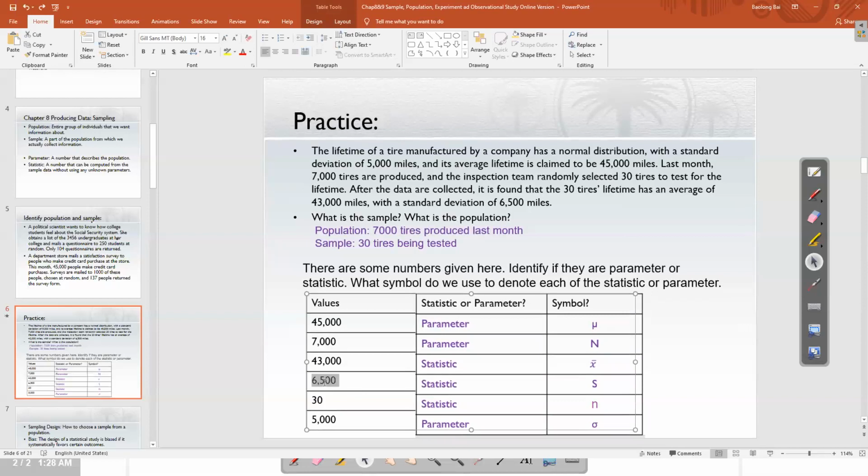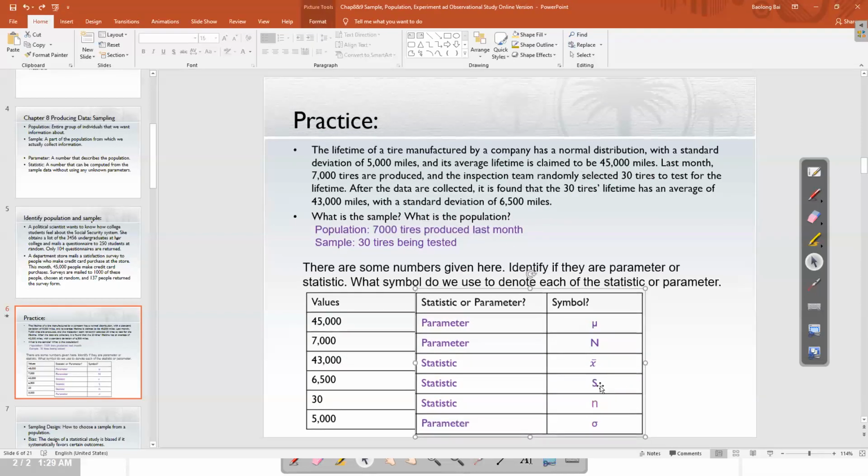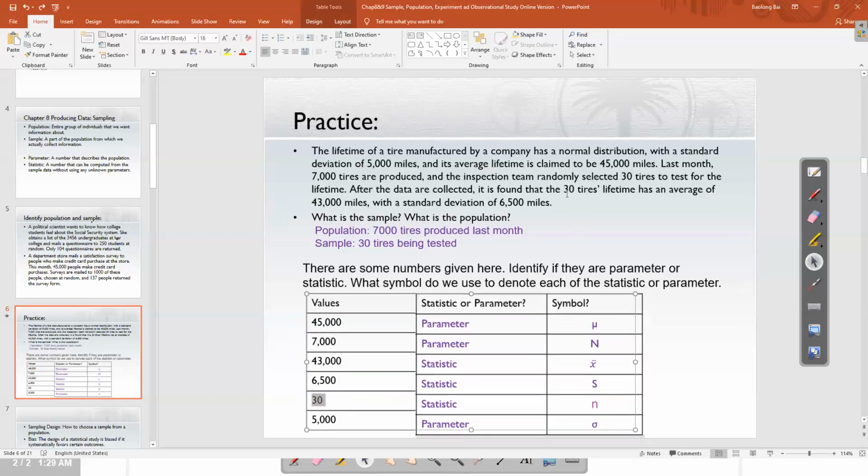Okay, and next number, 6,500. So 6,500 miles is the standard deviation of the 30 tires also, right? So that's a statistic because it's describing the sample. And then for the sample standard deviation, we use the symbol S. And then 30 is about 30 tires. 30 tires is the sample, we know that.